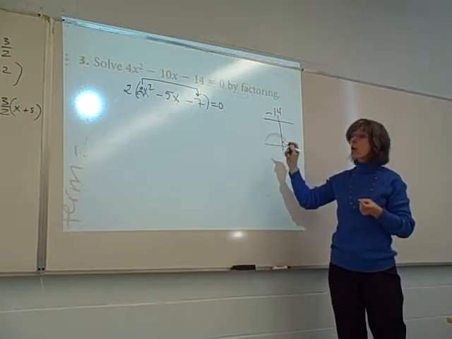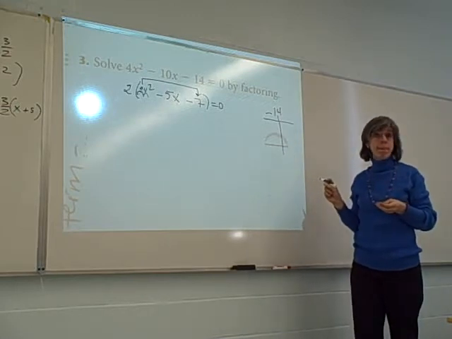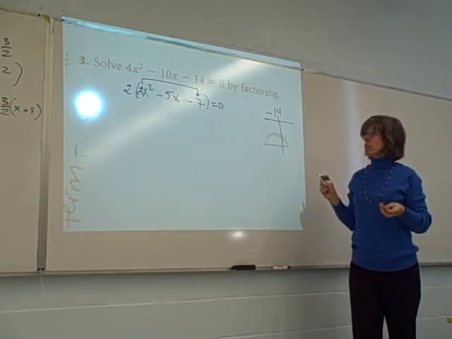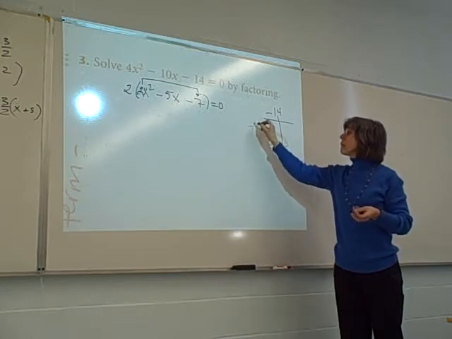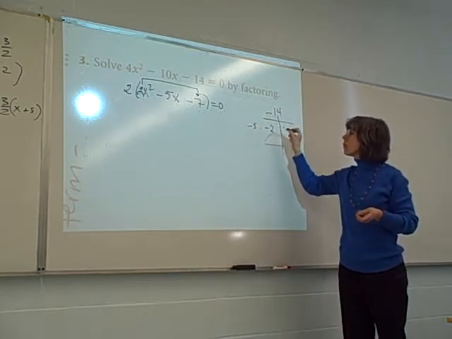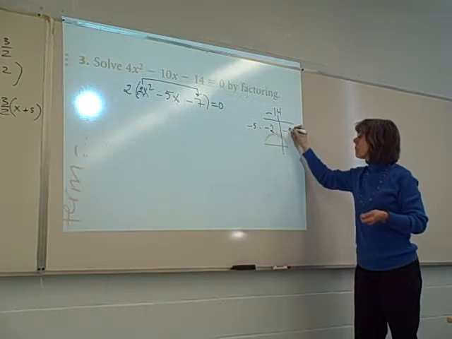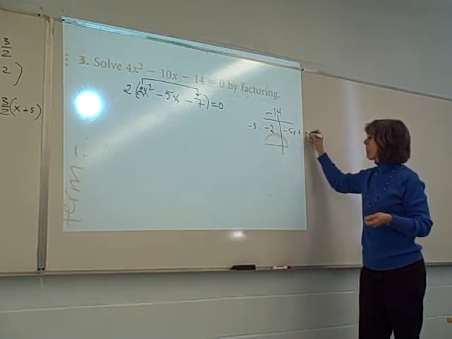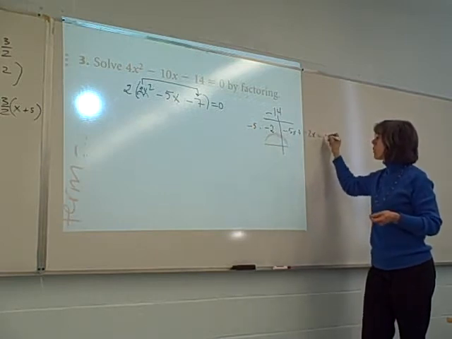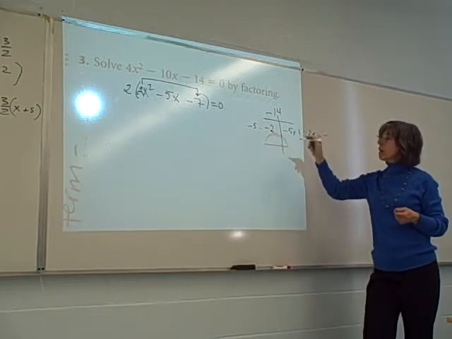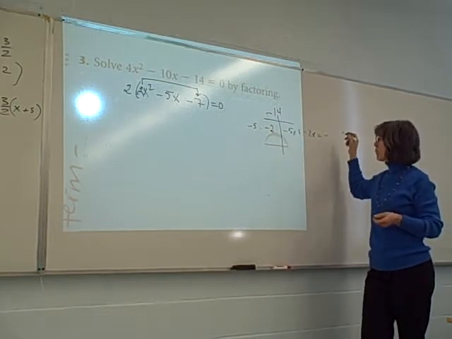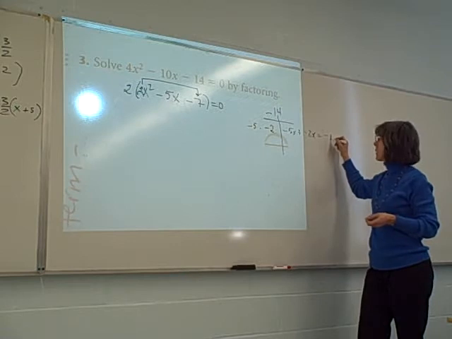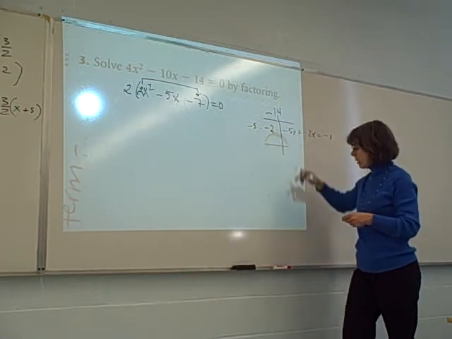So the factors are going to be what? -5 and -2, when I combine them, will give me -14. I'm sorry, I did that wrong, sorry.